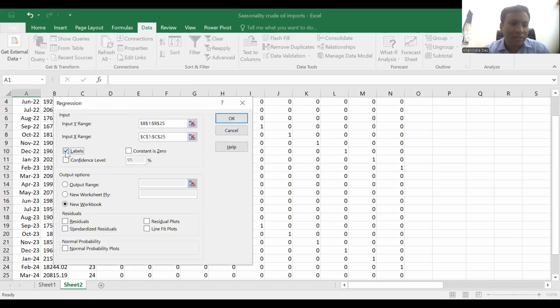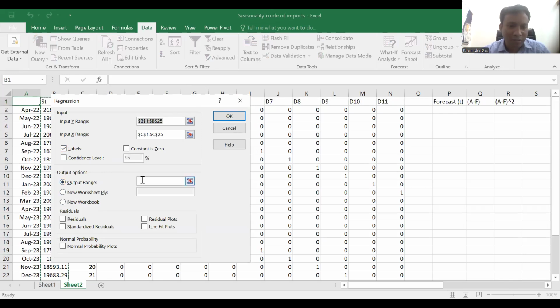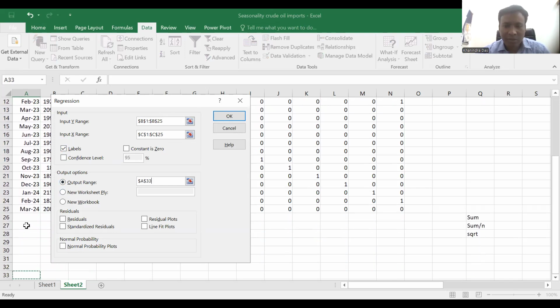We have levels, and we want to display the output in the sheet itself. Let's specify somewhere in the bottom, say here, and then click OK.